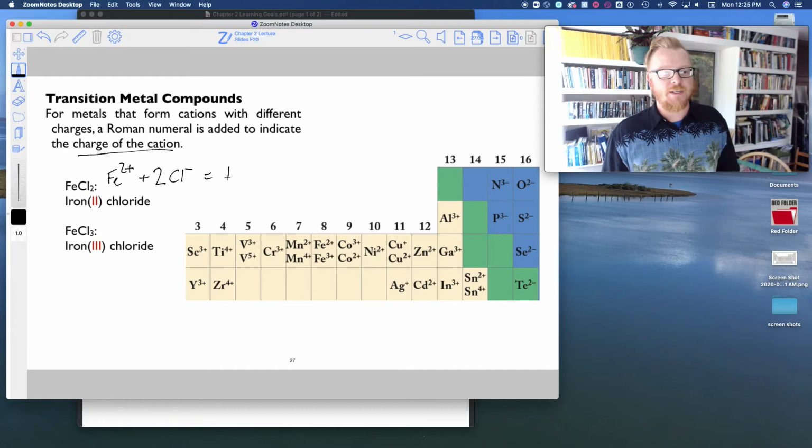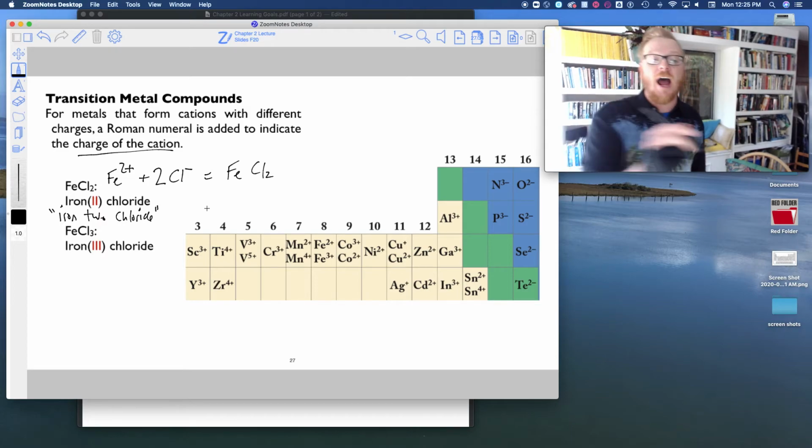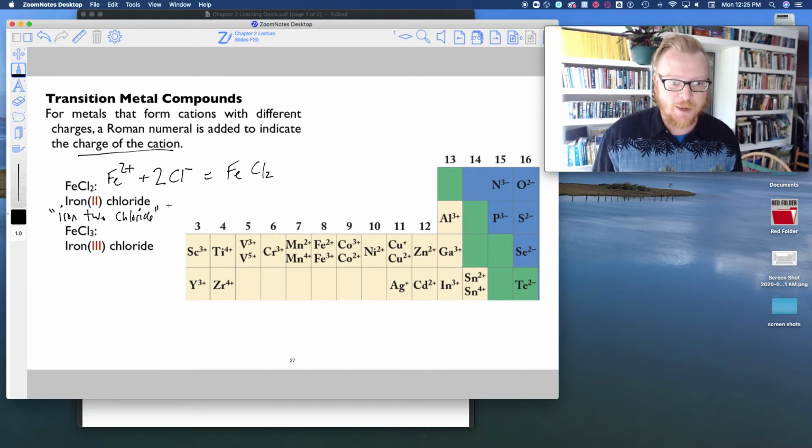And that's going to give me iron 2 chloride. So I would actually read this, phonetically, by saying iron 2 chloride. And that 2 tells me the charge on iron is 2 plus, which tells me I need 2 of these Cl minuses. Okay?